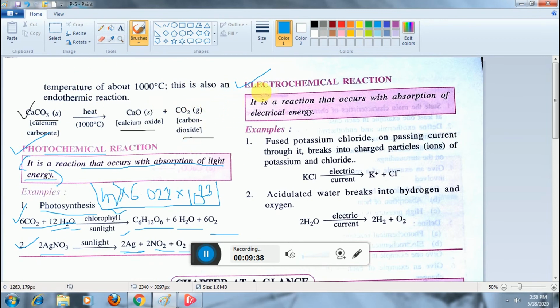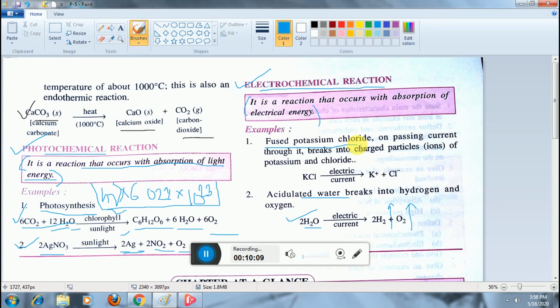The next and last topic of your chapter is electrochemical reactions. As the name suggests, these types of reactions occur with absorption of electrical energy. For example, water breaks down to its constituents, hydrogen gas and oxygen gas, in the presence of electricity, when you place platinum electrodes in acid-diluted water.